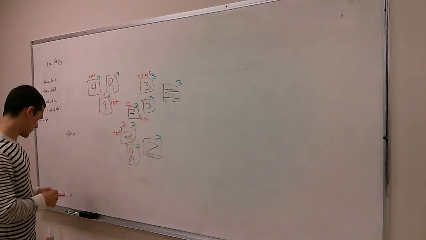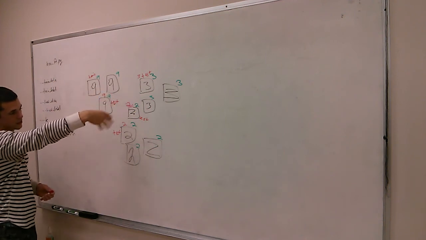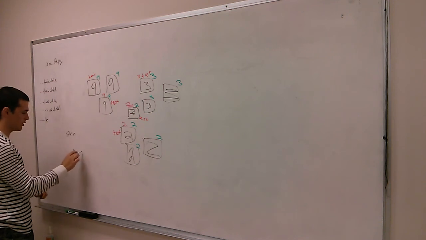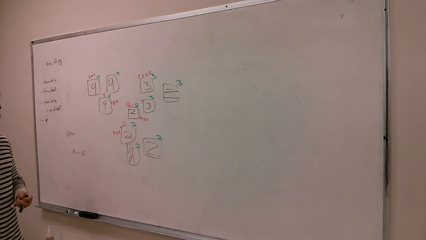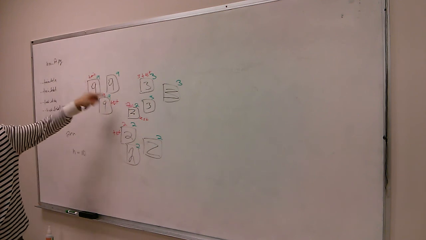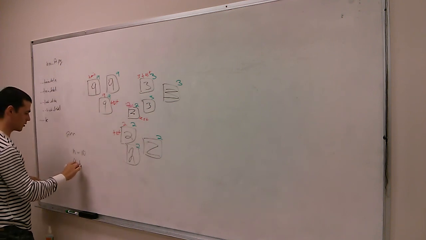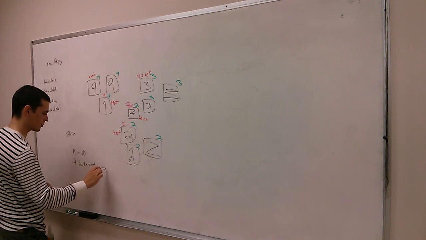Let's count. Our total dataset size, n, equals 10. This is the size of our dataset, the number of examples. There are 6 that are train, and 4 held out data points.